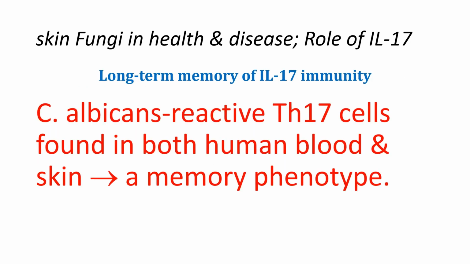Candida albicans reactive T helper 17 cells found in both human blood and skin show a memory phenotype to ensure long-term immunity against commensal fungi and also to ensure efficient protection against reinfection with environmental fungi.